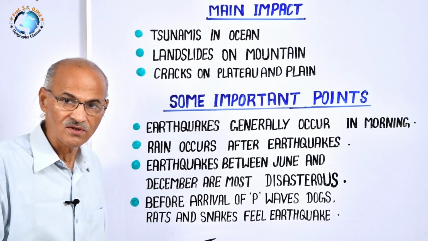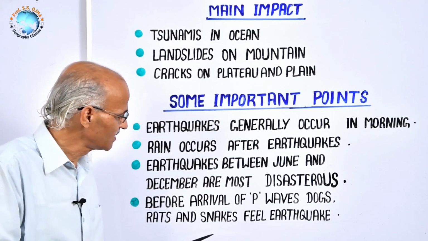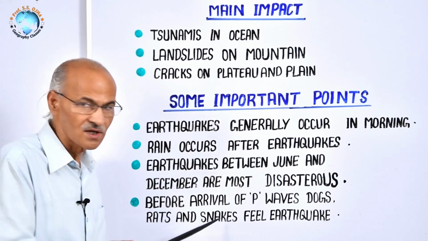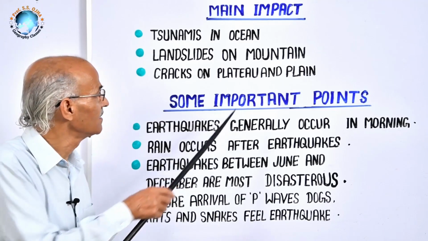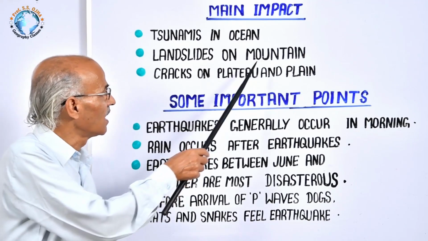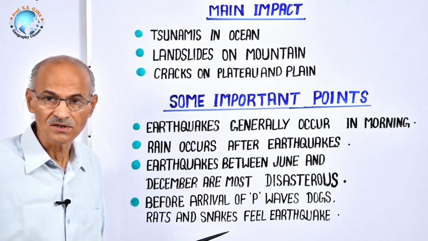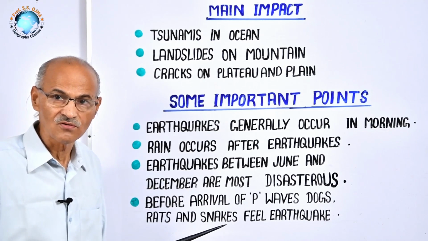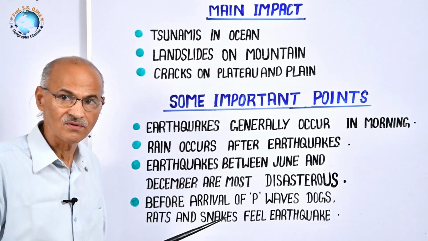And you might know that this snake is used as a garland by Lord Shankar. Why did Lord Shankar used to live in the mountain? Did he live on a mountain, plateau or plain? Certainly the answer is mountain, Kailash mountain, and that is one of the severe seismic belts of the world.